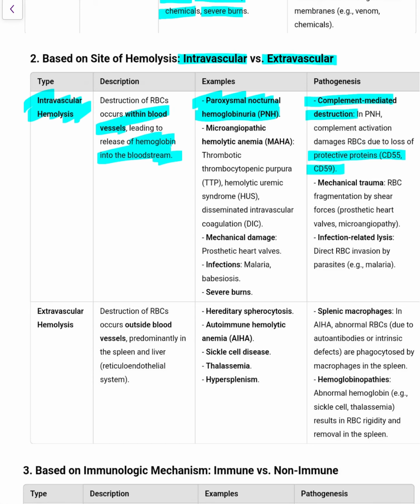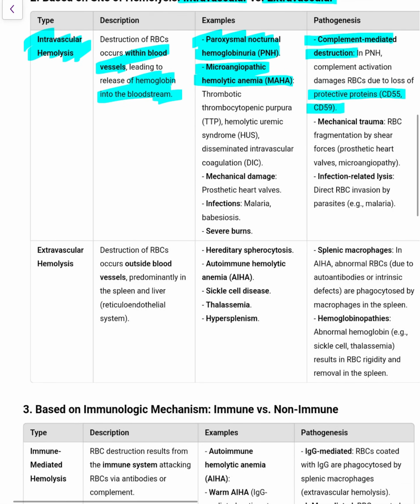Next is microangiopathic hemolytic anemia. As I discussed just now, it will cause hemolysis inside the blood vessel. Next is TTP, that is thrombotic thrombocytopenic purpura. Even that is a form of microangiopathic hemolytic anemia. Next is HUS, that is hemolytic uremic syndrome, and DIC, disseminated intravascular coagulopathy.